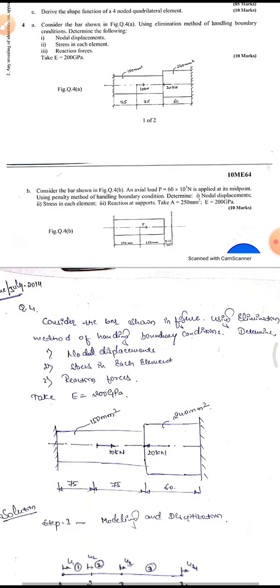Whereas the 20 kilonewton load acting at this point, the load is at this point, so there is no need of defining one more node here, because the application of load is given at this point.